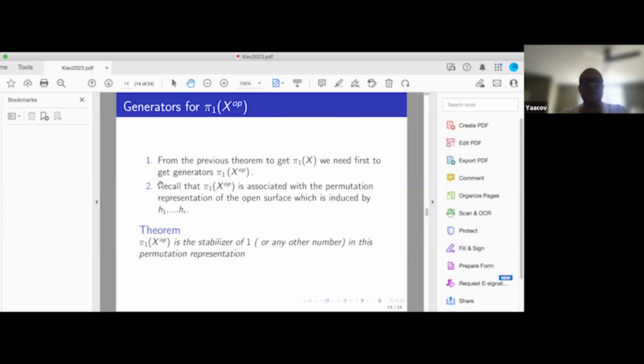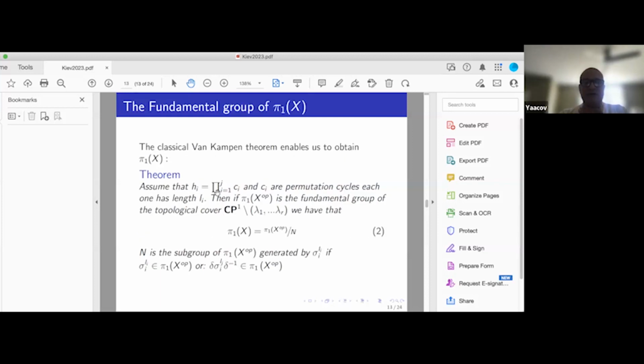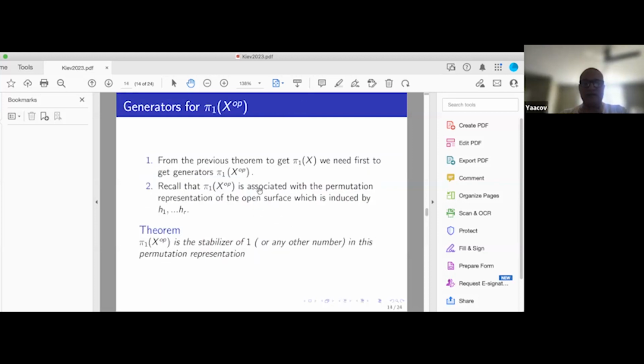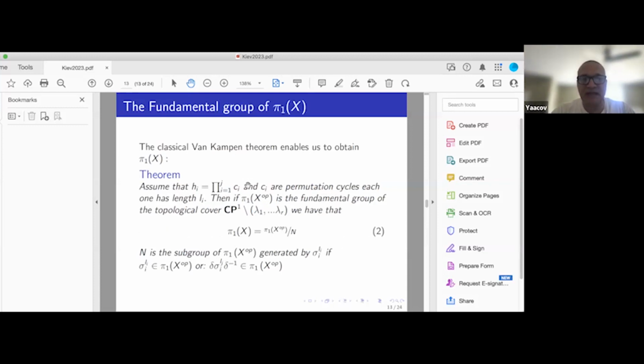Okay. Now, from the previous theorem, we get pi 1 of x. We need to first find pi 1 of x op. When I talk about pi 1 of x, I actually want to see the commutation relation. That's the problem that I'm posed. So this is not enough for me, because this is good for doing abstract algebraic stuff.